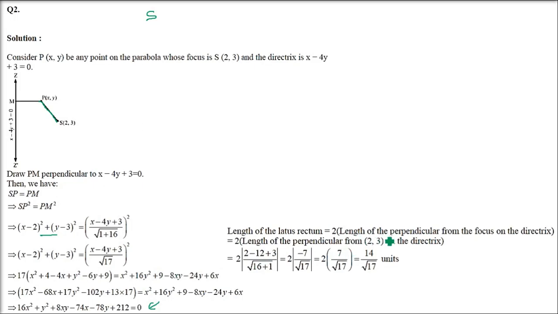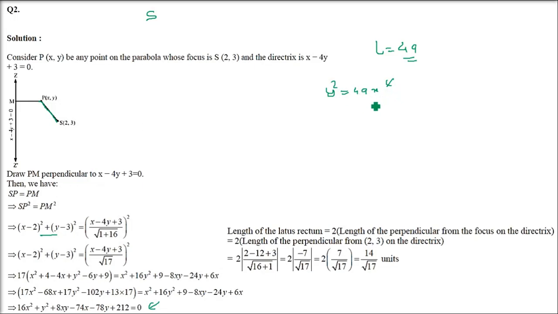Now the length of the latus rectum, we have already seen when we took the x and y axes, in the theory, that it's just 4a, if we have the vertex at 0, 0 and the focus at a comma 0. But here the scenario is changed. When we have a proper equation, y square equals 4ax, it will be 4a.